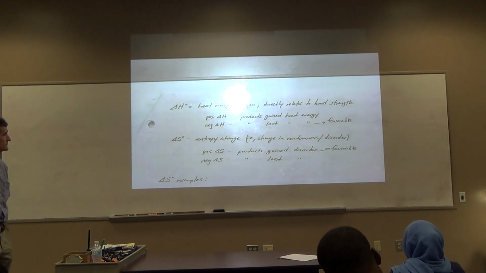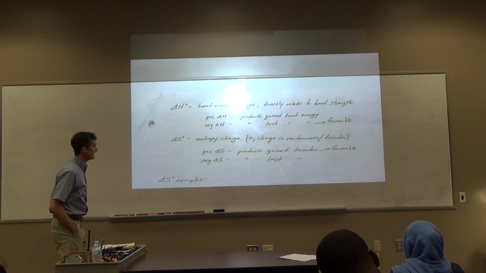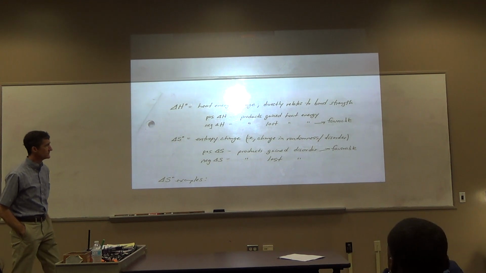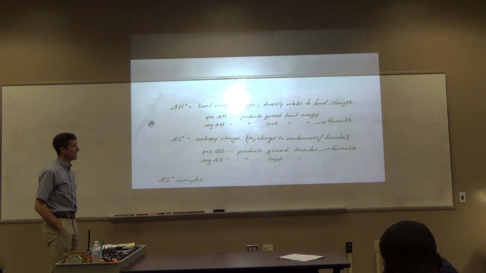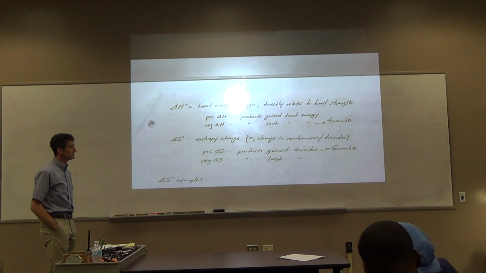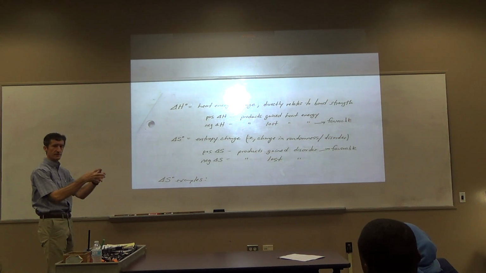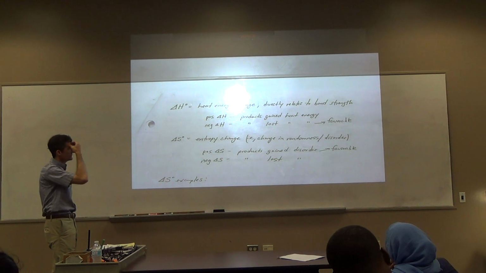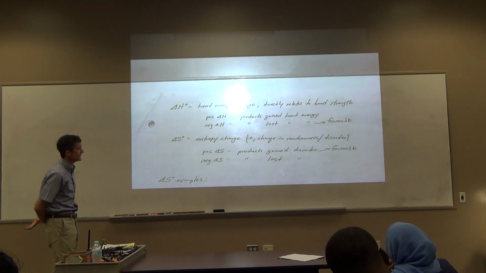All right? That would be negative delta H. The negative meaning the system has lost energy. If this loses energy, that means it's released. Negative. Delta S, entropy. Which is favored there?